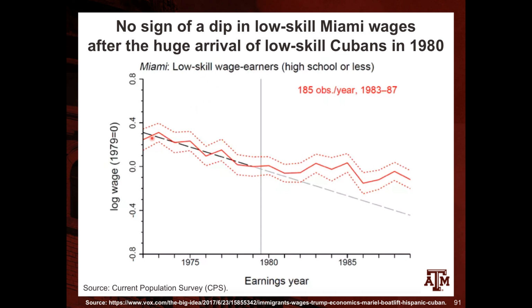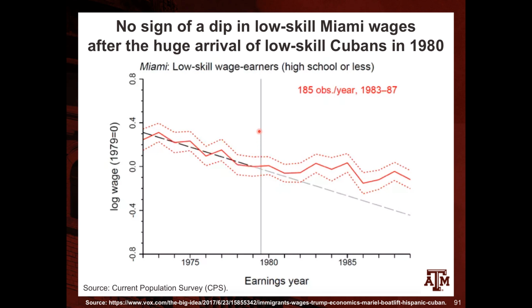He is showing the trend of earnings for workers with high school or less. So he's saying, okay, the trend of earnings of those workers with really low skill, those with high school or less, was already declining before the Mariel Boatlift event.